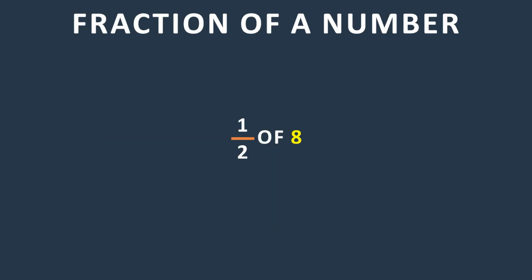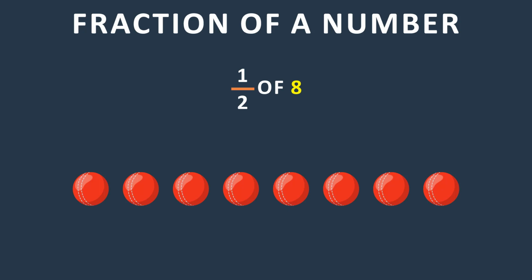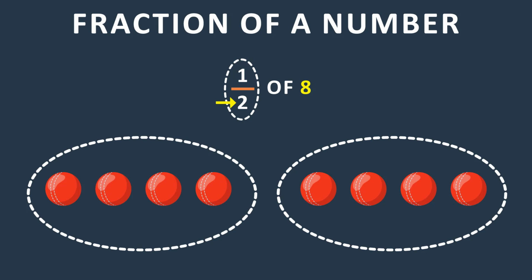Now let's find fraction of a number. What's half of 8? To help us find the answer, let us draw 8 balls. The question is, what's 1/2 of 8? This means we have to divide the balls into 2 groups.